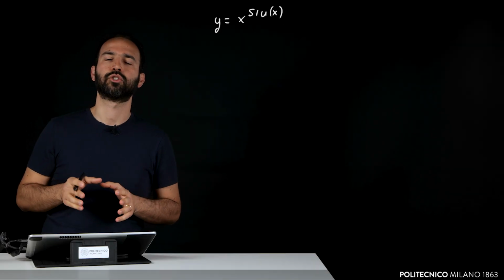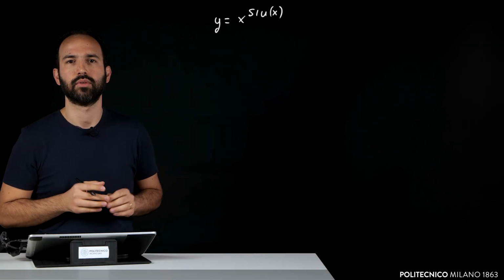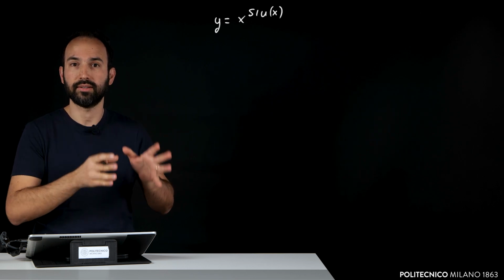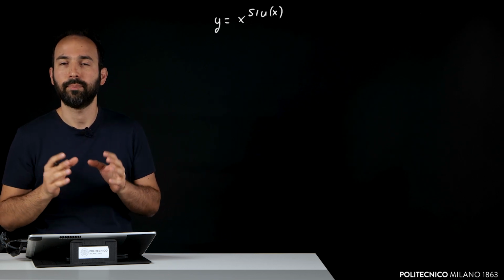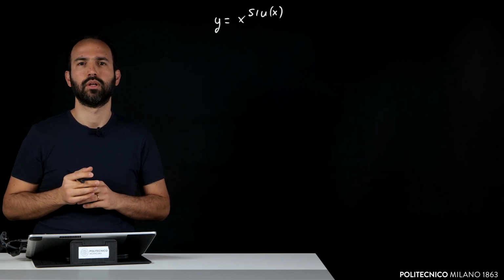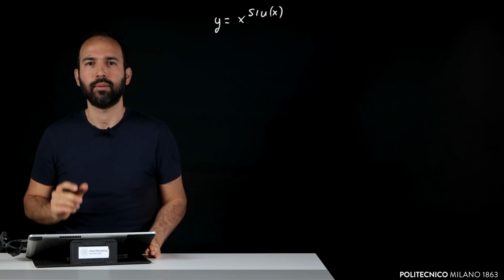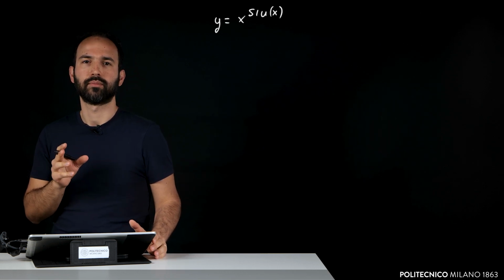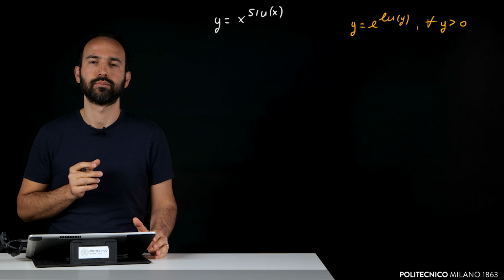Let's consider the function x to the sine of x. It is a function where both the base and the exponent depend on x. To study functions of this type, we use a trick, namely this identity.